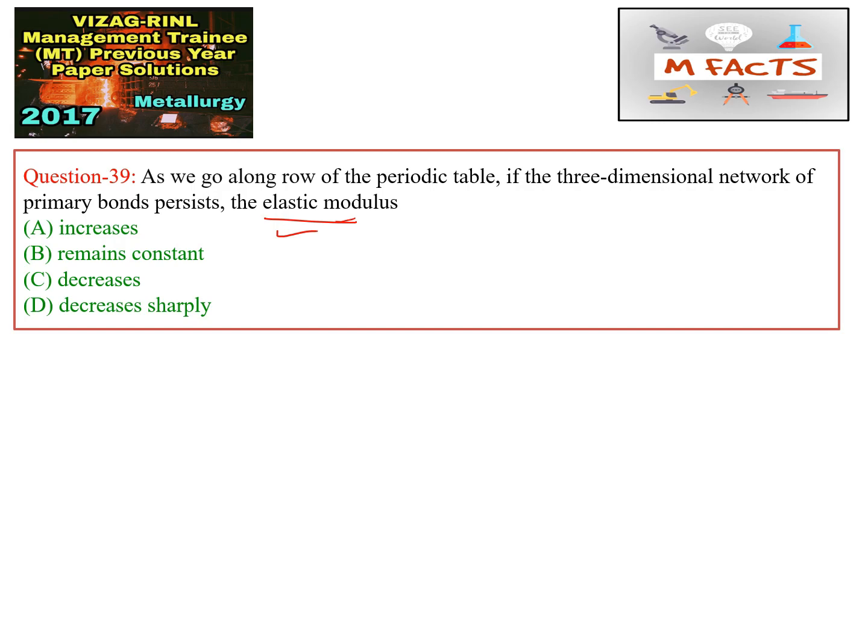As we keep going through the row of the periodic table, the three-dimensional network of primary bonds will persist, so elastic modulus will keep increasing. So option A is correct for this question. In WISEG 2017, they asked many questions related to elastic modulus and bond strength.